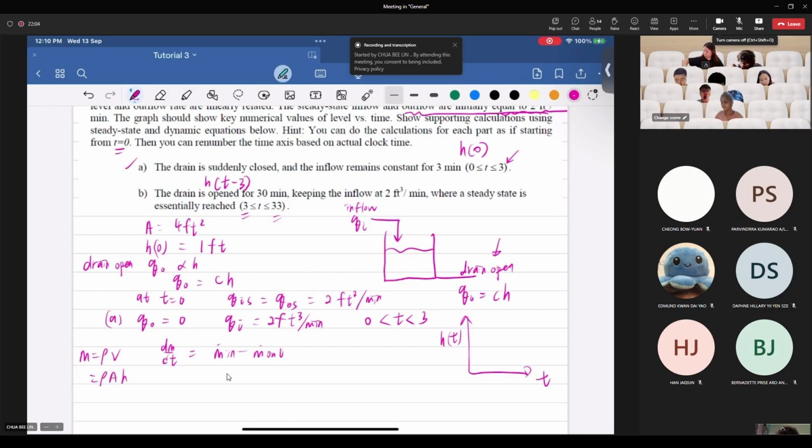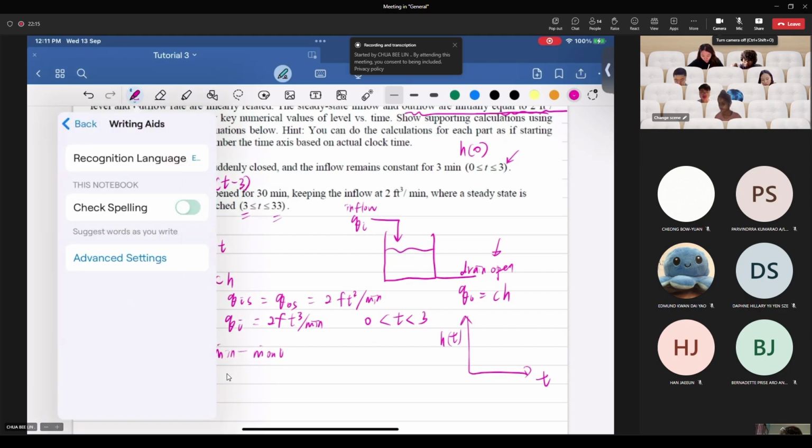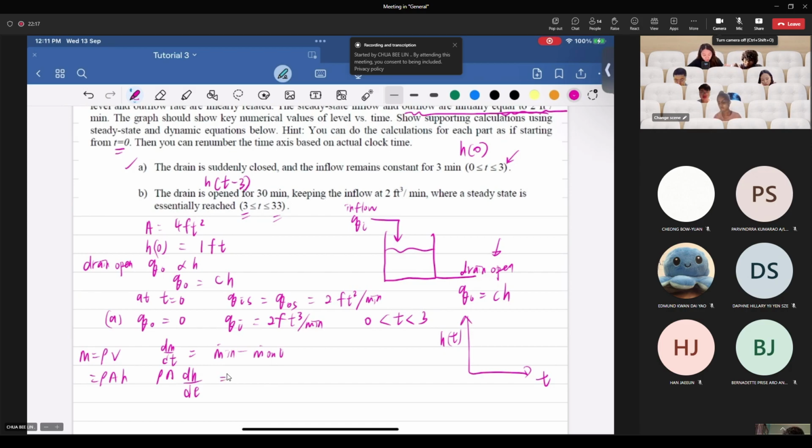So you'll be having this. You do the expansion, then you're having rho AH. So rho and A both constant. So the accumulation term will be dH over dt. Then density multiplied with the volumetric flow rate will give you the mass rate.